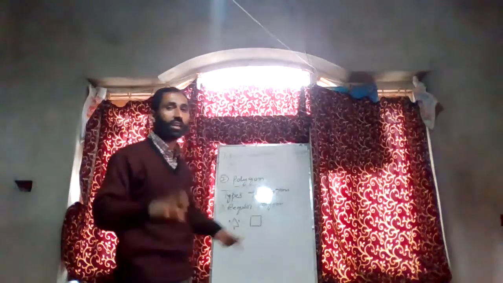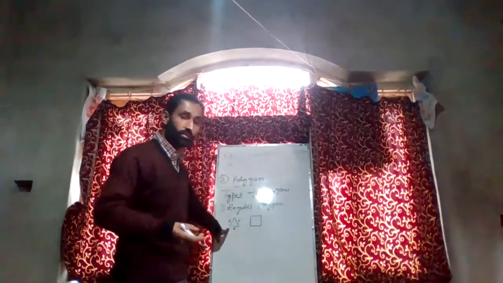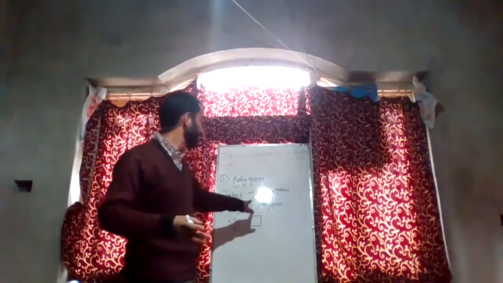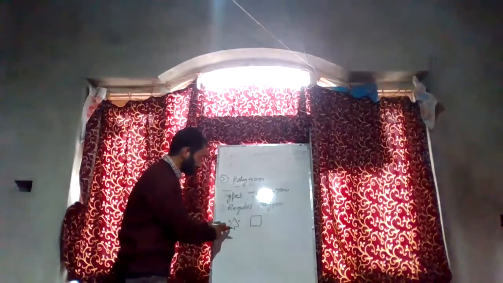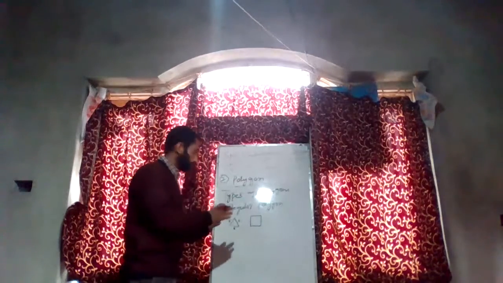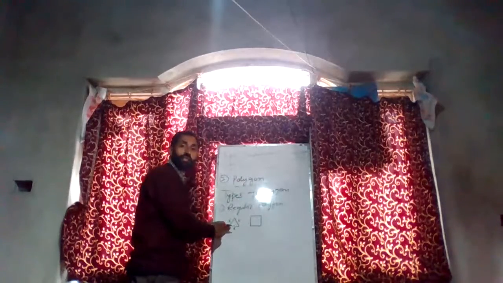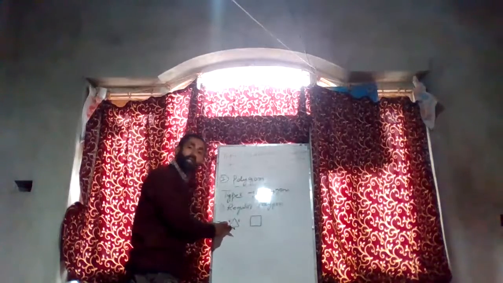These two figures, equilateral triangle and square, are regular polygons because this triangle has equal sides by length and equal angles by measurement.